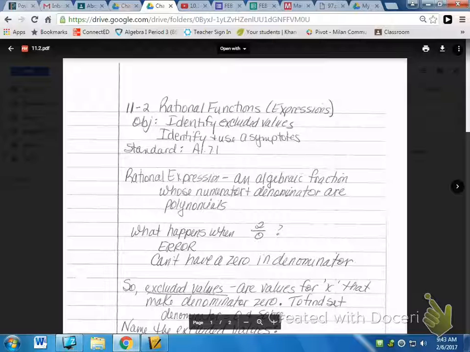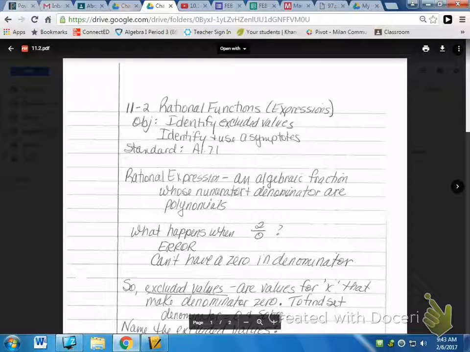First of all, definition. A rational expression is an algebraic fraction whose numerator and denominator are polynomials. Polynomials cover a whole variety of things. Remember, under the umbrella of polynomials, there are monomials, binomials, trinomials, and so on.